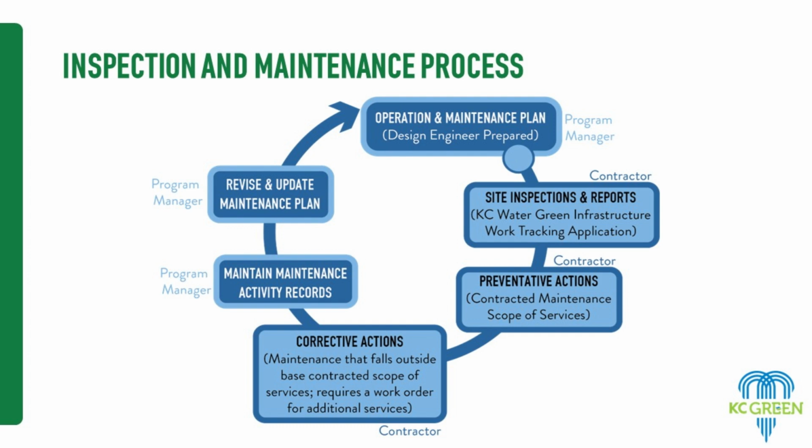Every time you're on site, you will be doing a site inspection report using the KC Water Green Maintenance Field Map, which Elizabeth will talk about in a second. It's an application on your phone, through ArcGIS, but we'll get into that.